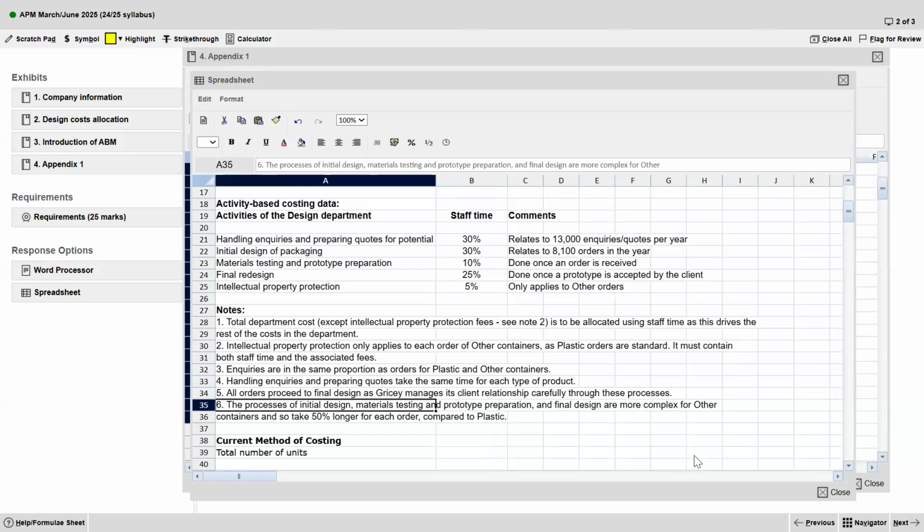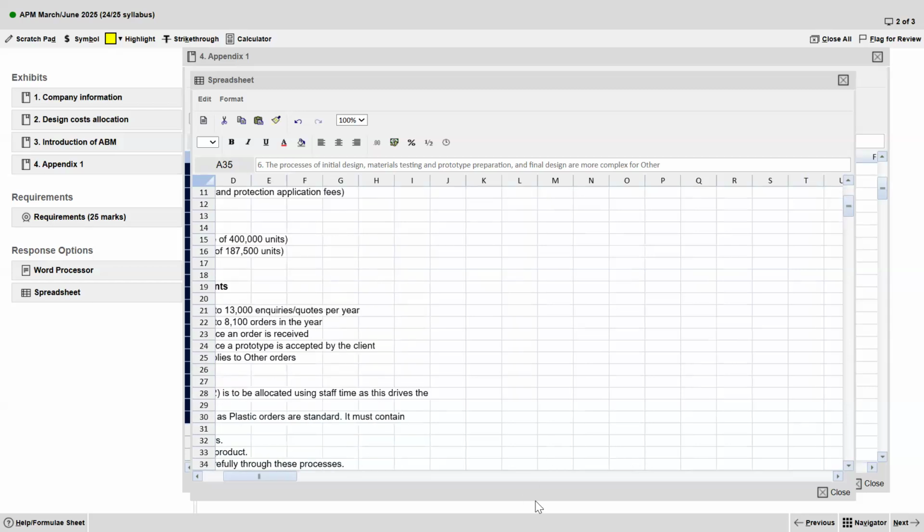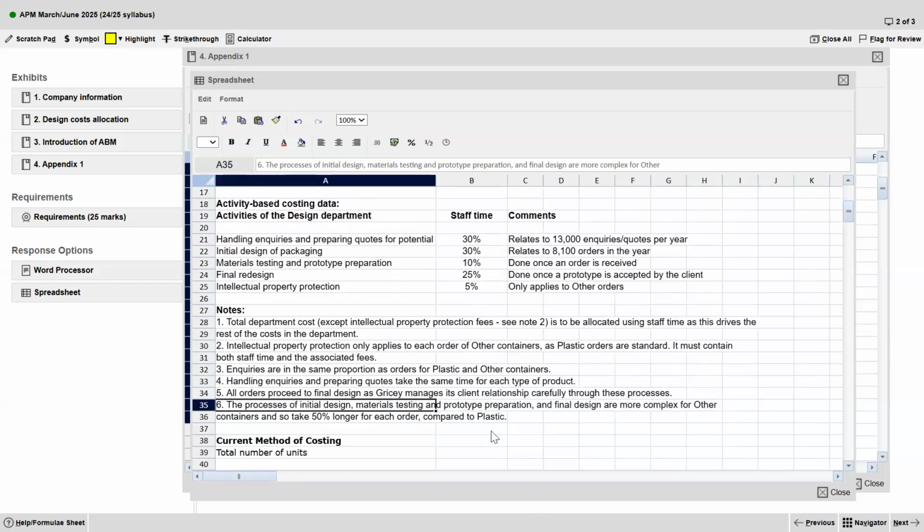The process of initial design, material testing and prototype and final design are more complex for the other containers and so take 50% longer for each order compared to plastic. So they take 50% more time as compared to plastic.